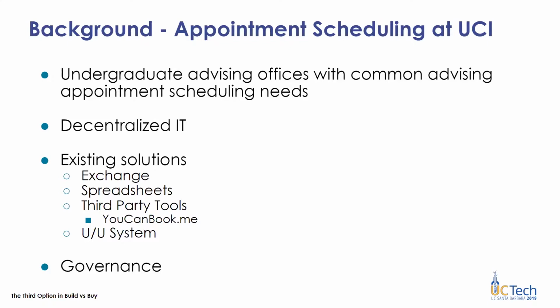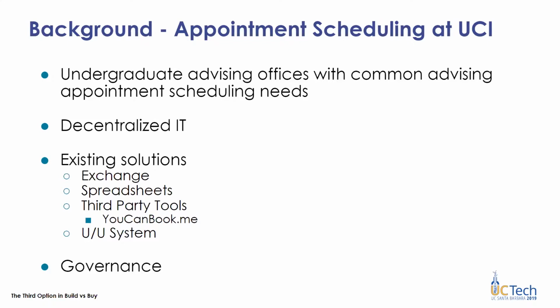Some of the things that people would do is use Exchange or other calendaring solutions that were available on campus to schedule appointments, track things in spreadsheets, use third-party tools such as UCTech, and then one of our in-house built systems for the undergraduate undeclared office includes a pretty robust scheduling component that a lot of other advising offices on campus were interested in and asked us for, but we couldn't provide to them for various reasons.